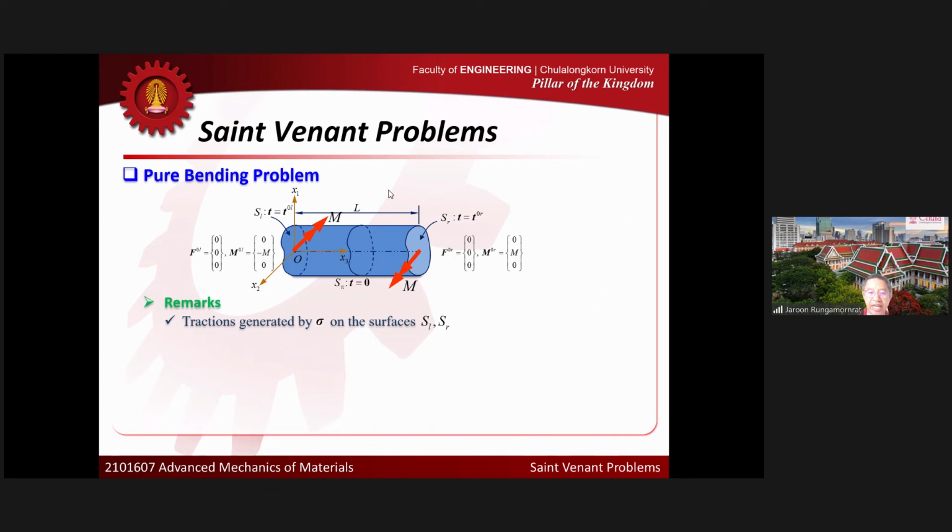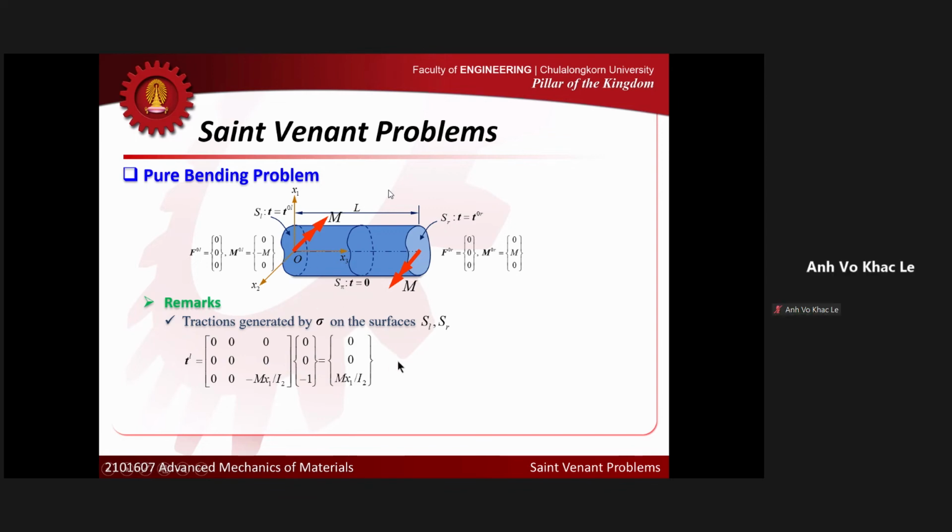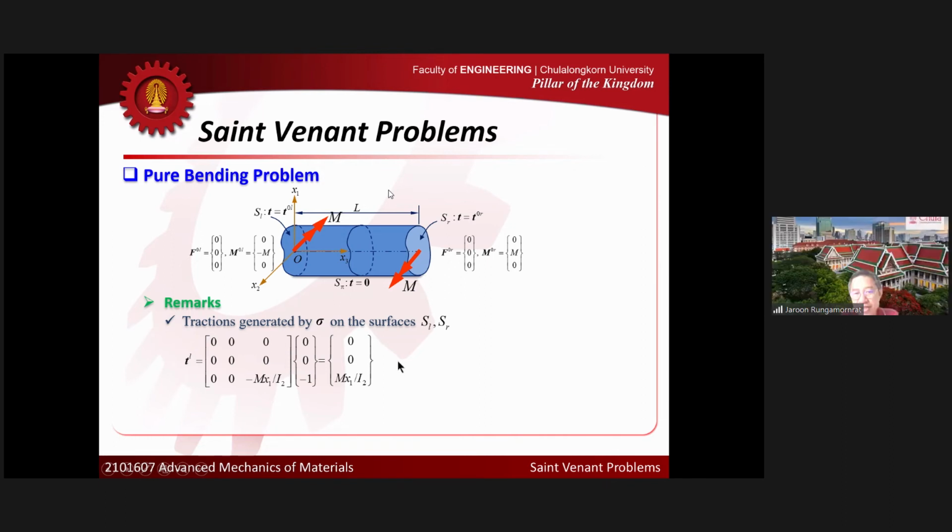So now I start to generate the traction from the stress I got before. So I simply multiply the stress that I got by the unit normal vector at the left end. I get something like this. Okay, you can see that the traction that I have to apply at the left end has to take this particular form.